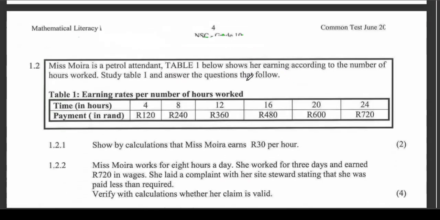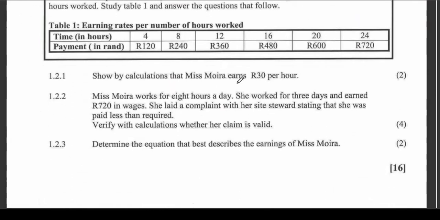1.2. We see Mrs. Maria, petrol attendant. Table 1 below shows her earnings according to the number of hours worked. Study the table and answer the questions that follow. Show by calculations that Mrs. Maria earns 30 rand per hour. Show from the table. For 4 hours, she earns 120. Ask yourself, what about 1 hour?